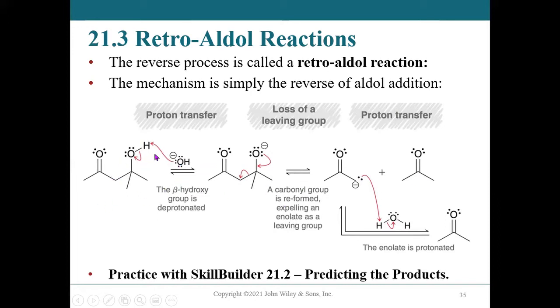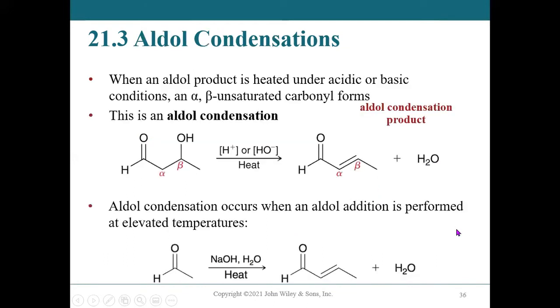The first step is proton transfer. The beta hydroxyl group is deprotonated, and the carbonyl group is reformed, expelling an enolate as a leaving group, and we recover in this step acetone. Then this enolate is protonated to produce another acetone.